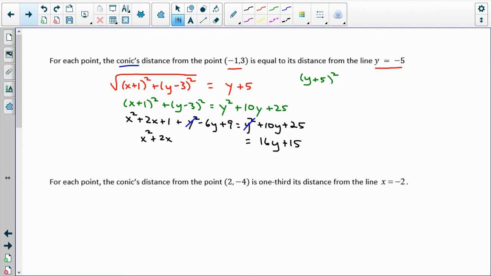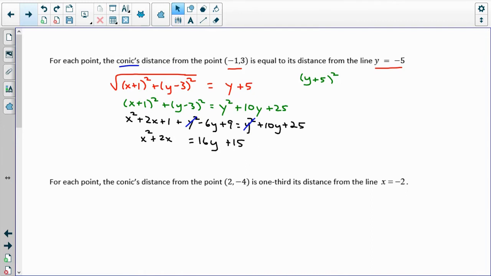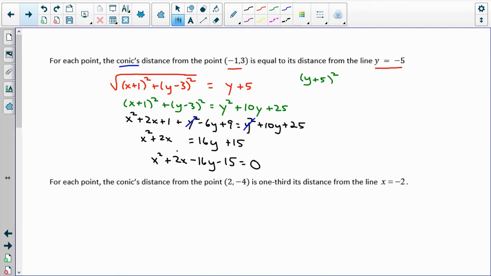Now, most of the time, what we're going to end up doing in these problems is we're actually just going to leave it as is. We can simplify things as much as we can, but we're not going to complete the square or anything else. So we will just leave it like this, and then we will indicate what type of thing this is.